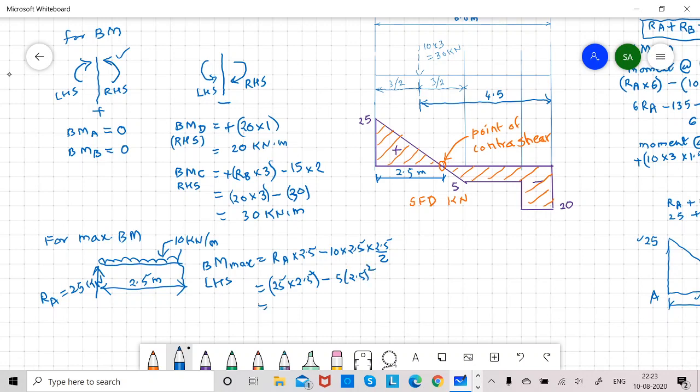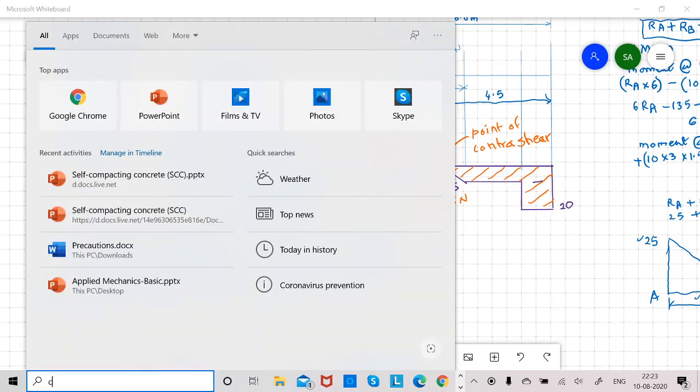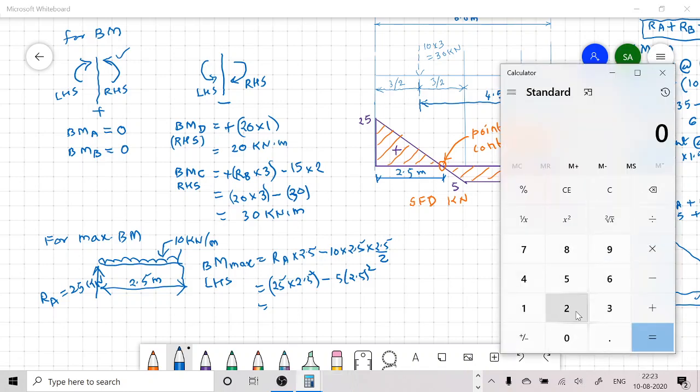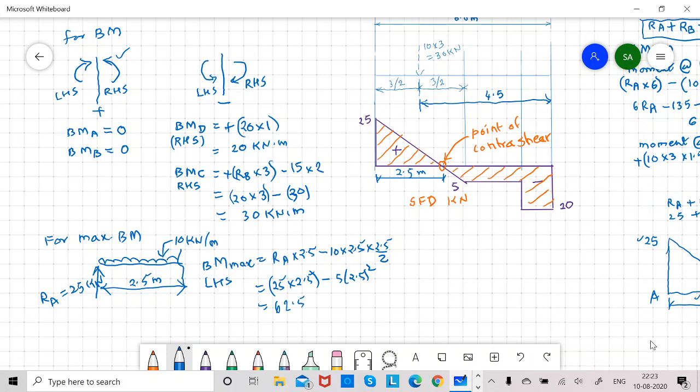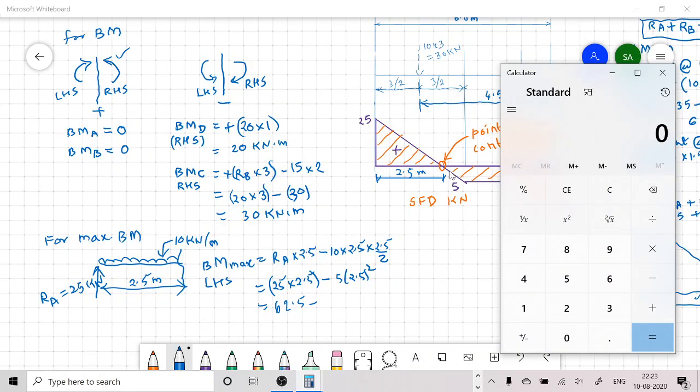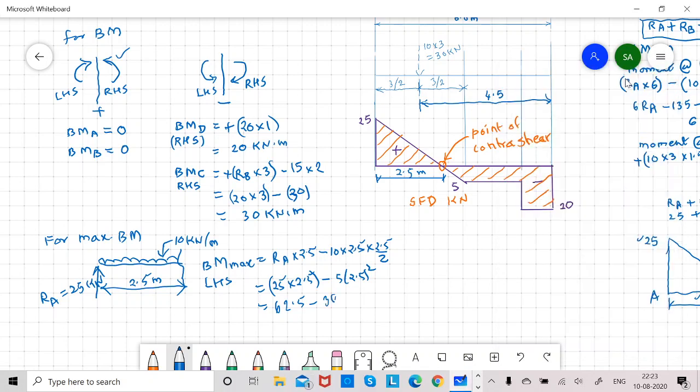Again I will calculate this. 25 into 2.5 is 62.5, minus 2.5 into 2.5 into 5, that is 31.25.